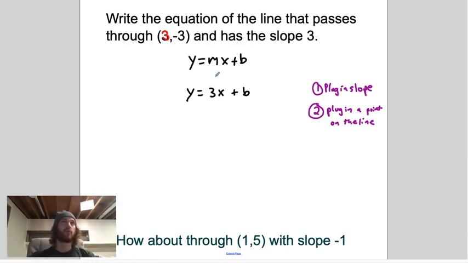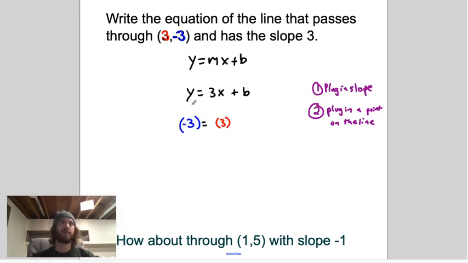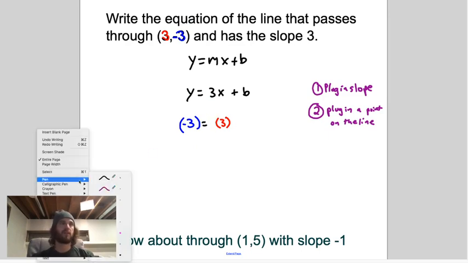The x coordinate is going to go in the x position right here, and the y coordinate, -3, is going to go in the y position right here. And the rest of the math I'll do in black. I plugged in -3 for the y slot because it's in the y slot of the point.